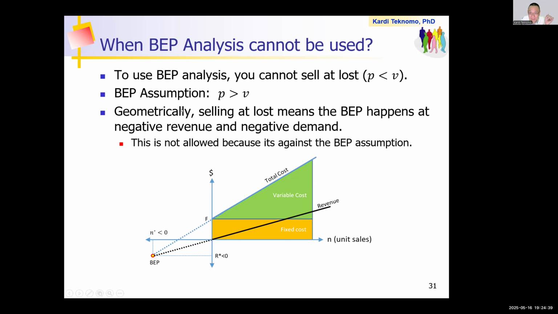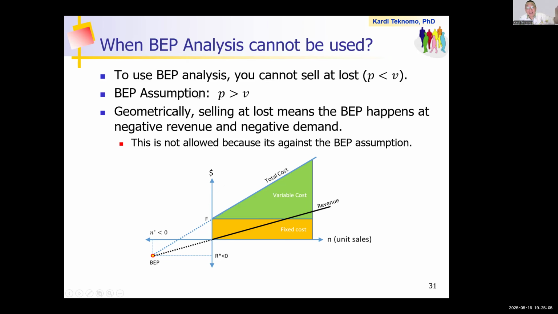Geometrically, if you plot, if P is less than V, you will get the BEP at this region with negative revenue, negative demand. So this is not allowed, because it is against the BEP assumption.